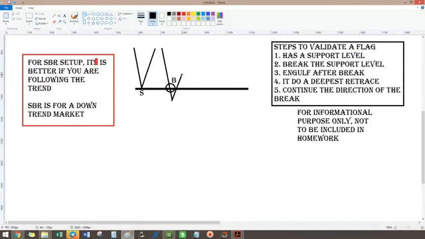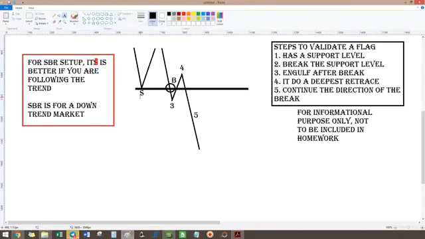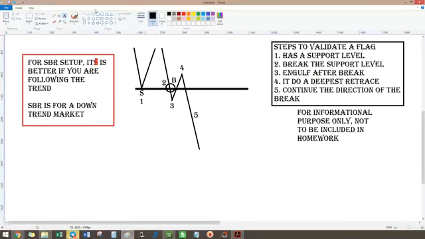For example, over here, this is the deepest retrace, and then it continues in the direction like this. So you will have this as your 3, 4, your 5. This is 1, this is 2. So here is your flag.